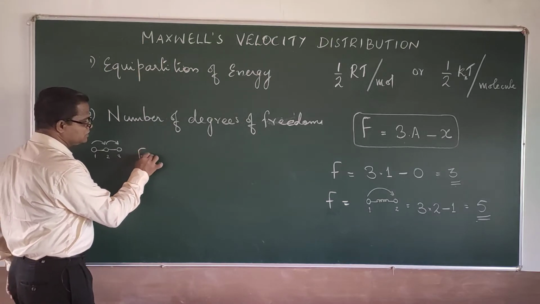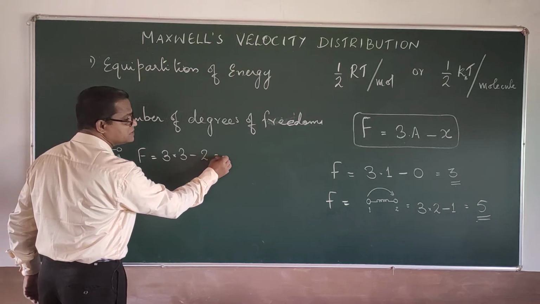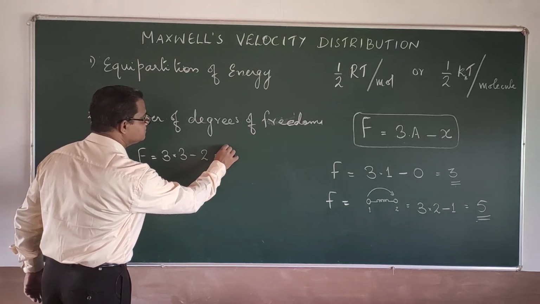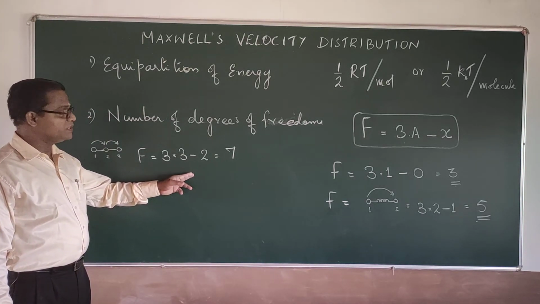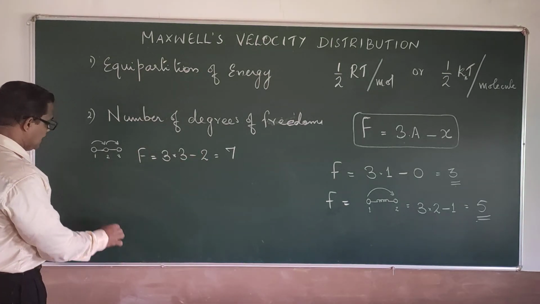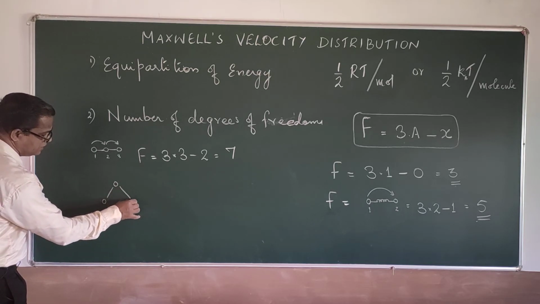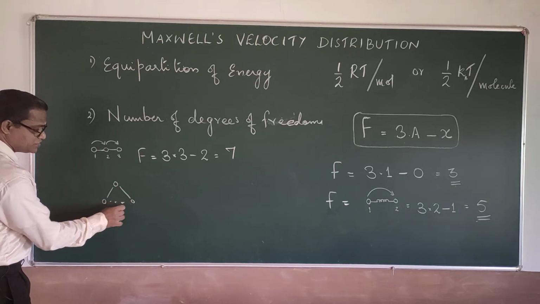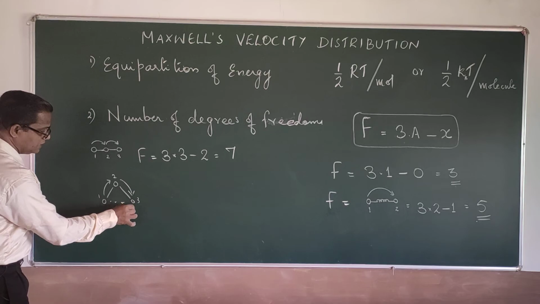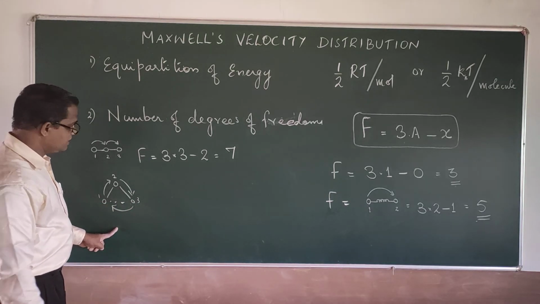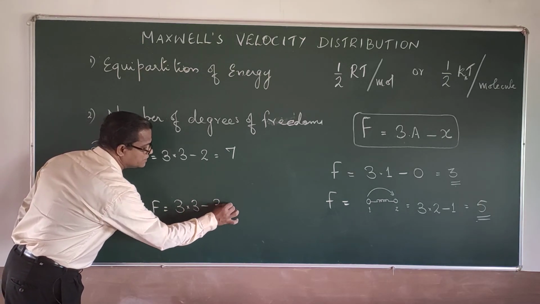So here the number of degrees of freedom will be equal to 3 into 3 minus 2, that is 7, for triatomic linear. 3 into 3 is 9, 9 minus 2 is 7. And for triatomic non-linear, if I take, it will be of this form, a triangular shape with 1, 2 and 3. So we can have three relationships like this, and therefore here the freedom will be 3 into 3 minus 3, that is 6.